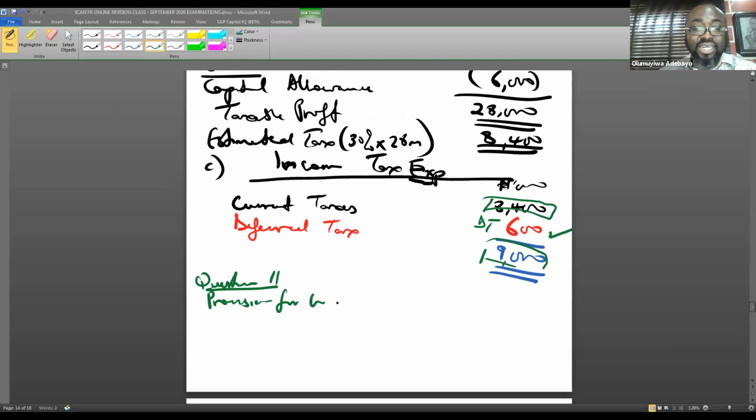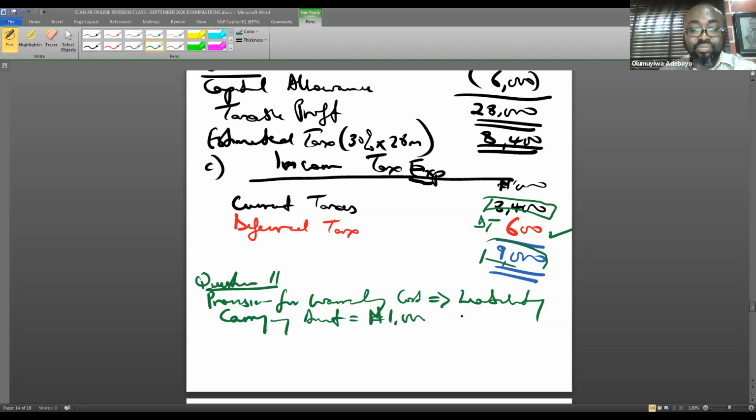Provision for warranty cost is a liability. We must first of all recognize that fact. Now, the carrying amount is 1 million naira.